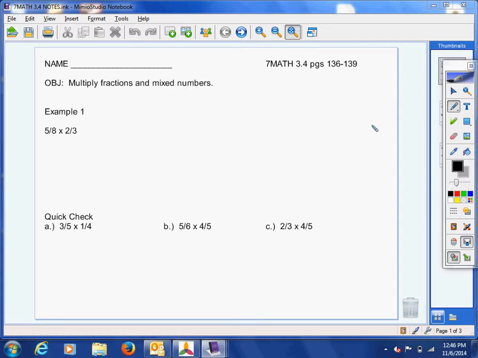We're going to do example 1. First thing I want you to do is write example 1 vertically instead of the way it is typed there. I have a hard time typing it vertically, so it's just a little easier to do it sideways. Now, the cool thing about multiplying fractions is you don't need a common denominator, so let's make a note off to the side.